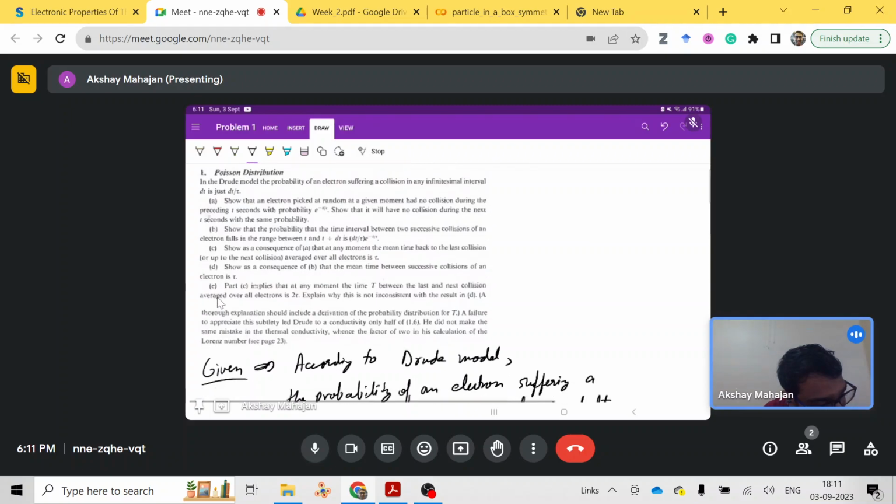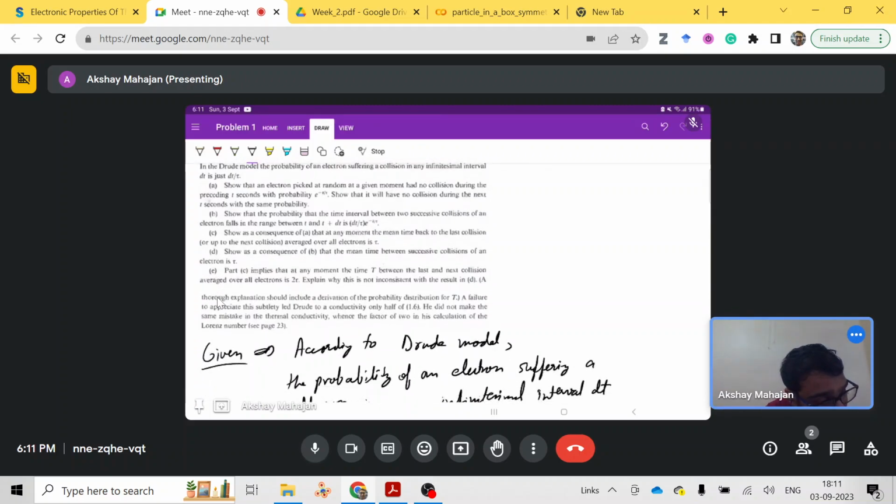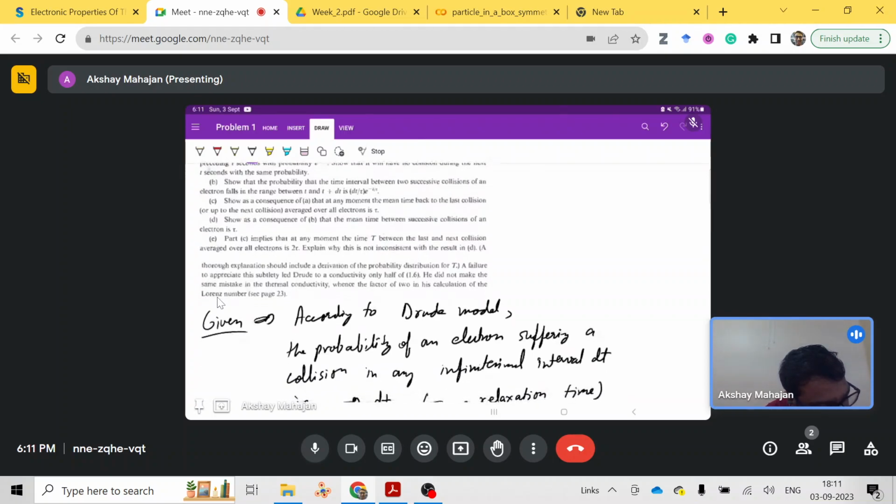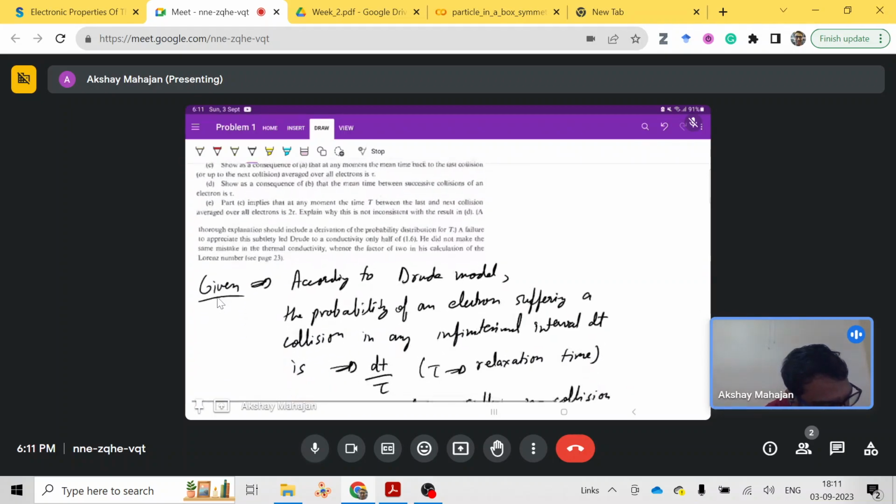It means that if we take the time back to the last collision or up to the next collision at any moment, and average that time over all electrons, it should be tau. That is what we have to show.